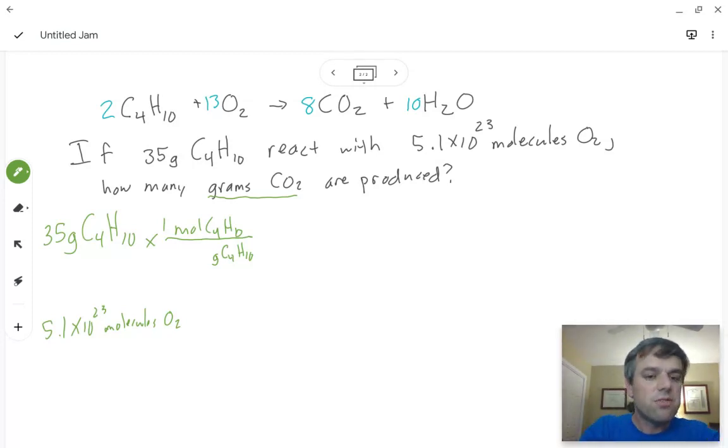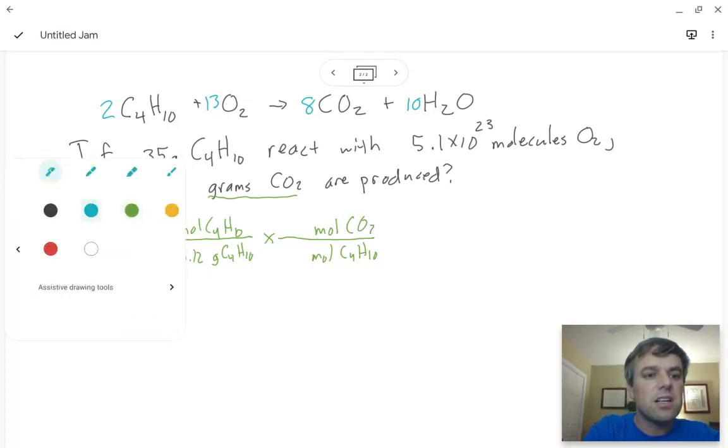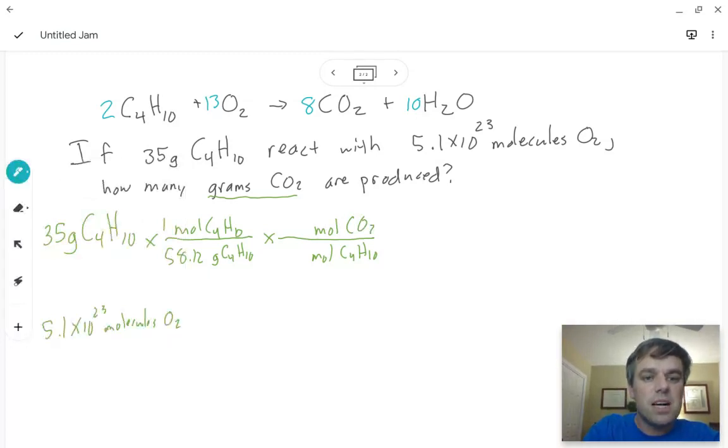And so that is 58.12 grams. Then we can do the stoichiometry step where we switch from moles of C4H10 to moles of the thing we're trying to find, carbon dioxide, where since up here we have a 2 in front of C4H10 and an 8 in front of CO2, that's the numbers we use.